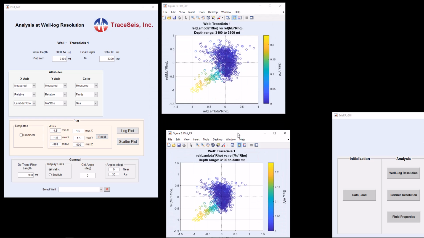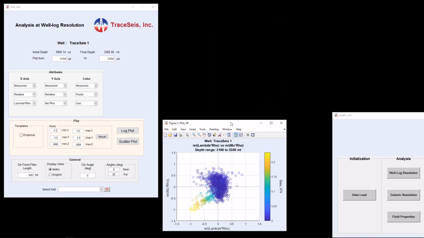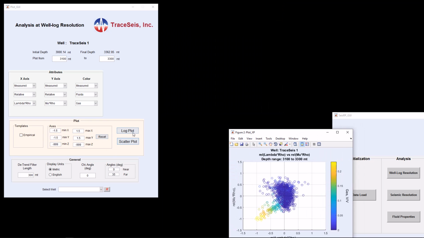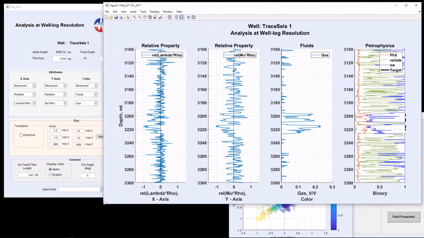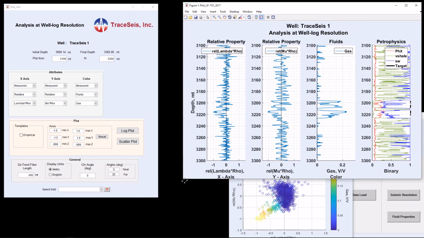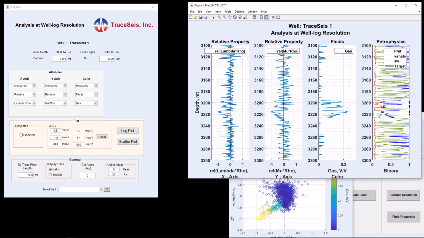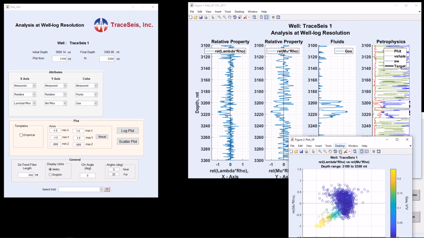So that is now the scatter plot. Let's take a look at the log plot. So that is the log plot.